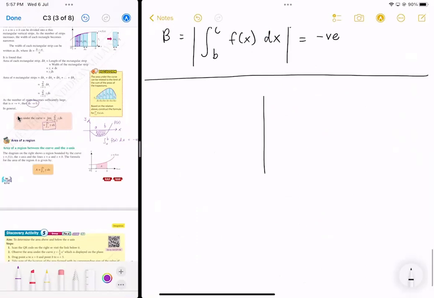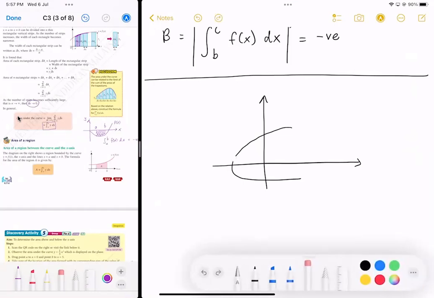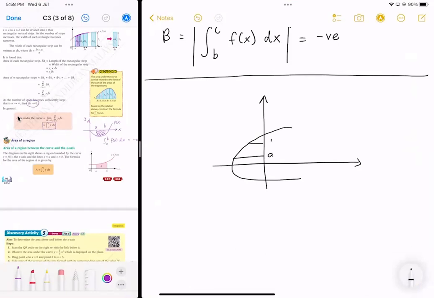Let's say you have a curve like this, and I want to find the area from here to here.